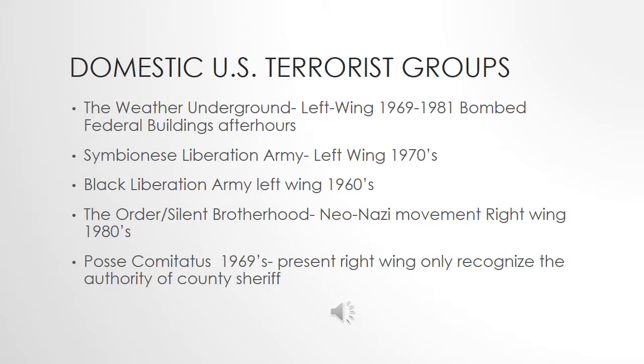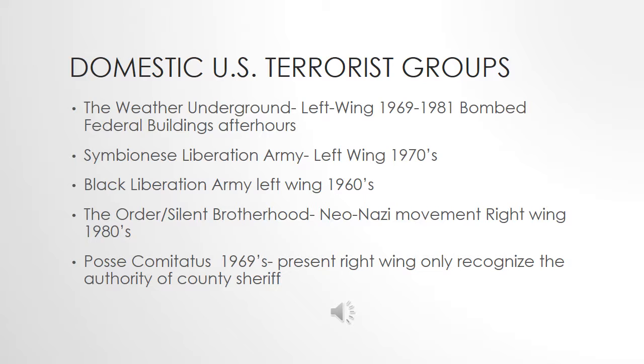But a lot of their leaders and members went into hiding during the 1970s or were arrested. And then you have the Symbionese Liberation Army, led by a man named DeFreeze, who went by the name General Field Marshal Cinque.